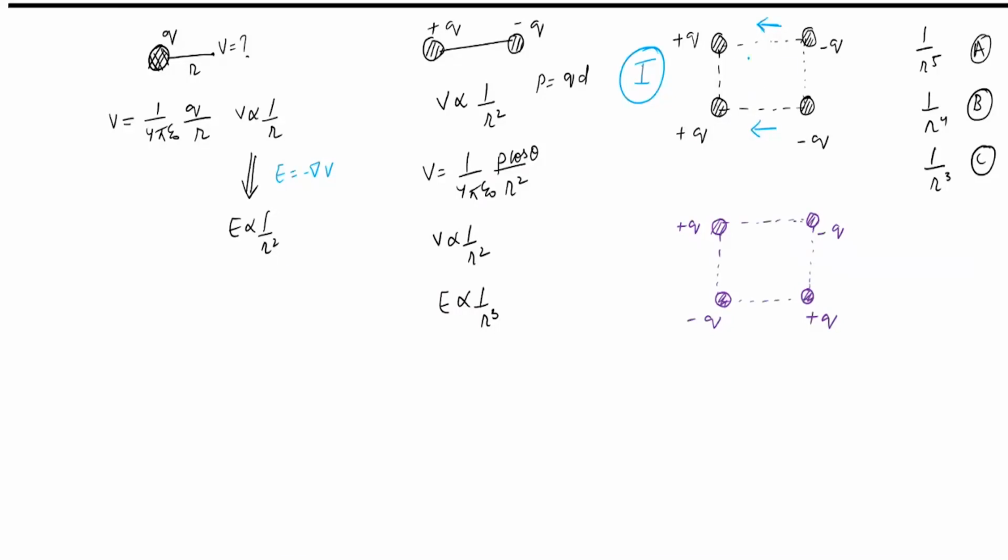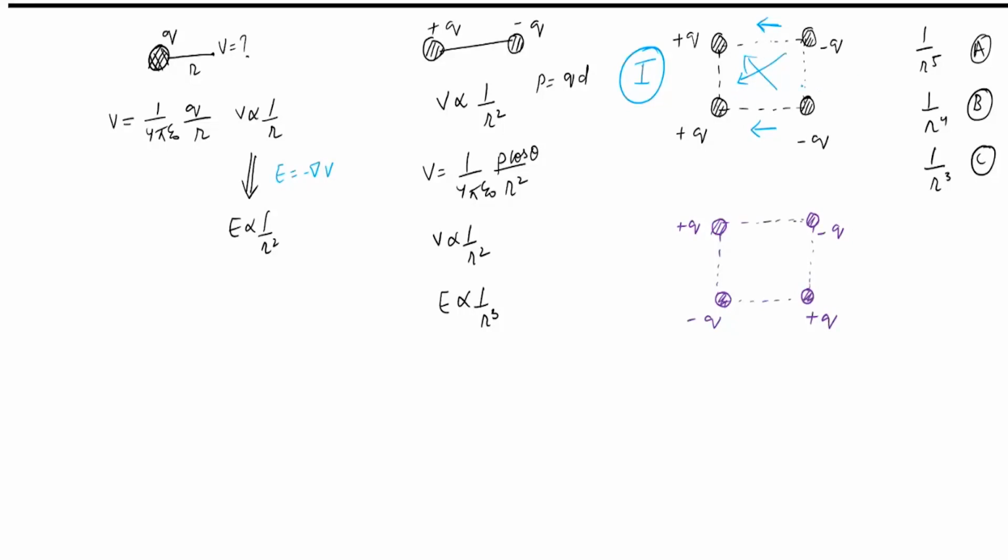Then you can have one more dipole in this direction and one more in this direction. So if you see these 4 blue arrows, will the net dipole moment be 0? No, sir.